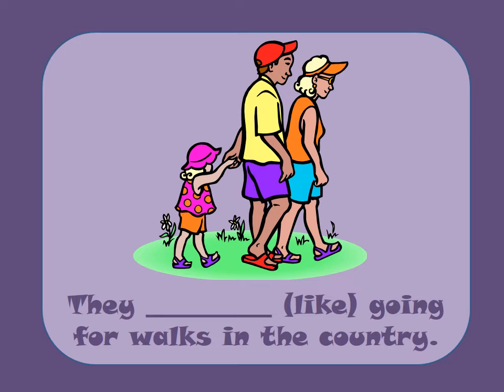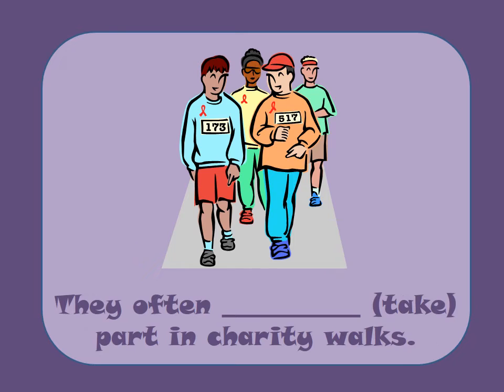They like going for walks in the country. It's a habit, or this is a state. So they like, as it is, going for walks in the country. They often take part in charity walks. What do you think? I have they, so I keep the verb as it is.